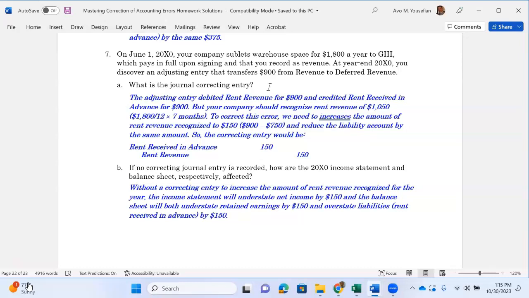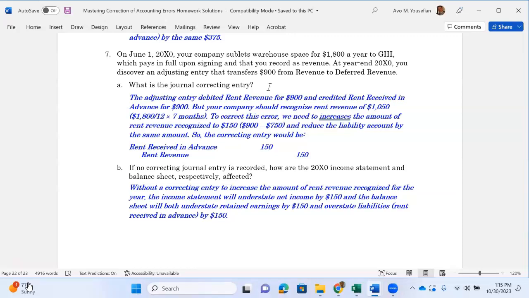And that is $1,050 rent revenue. That's what I like to have, $1,050 rent revenue.